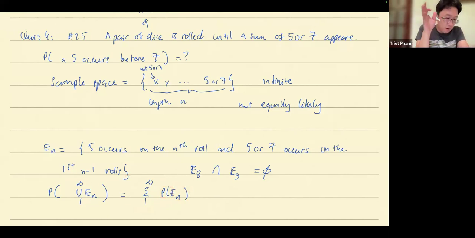And again, be very mindful that no such thing as independence comes in here. So how would we calculate the probability of the En?